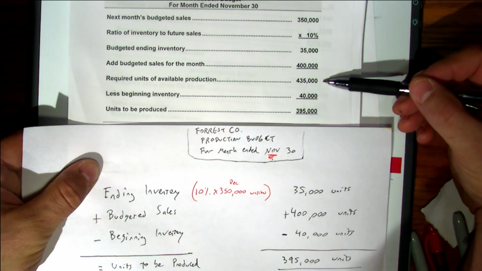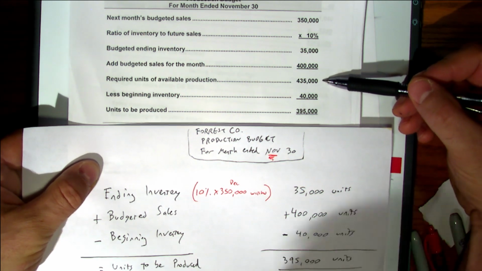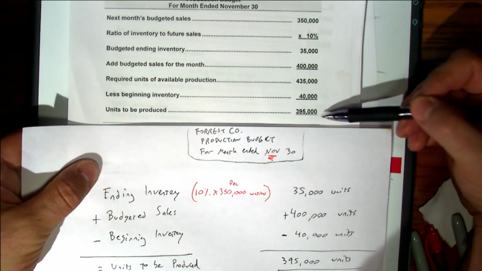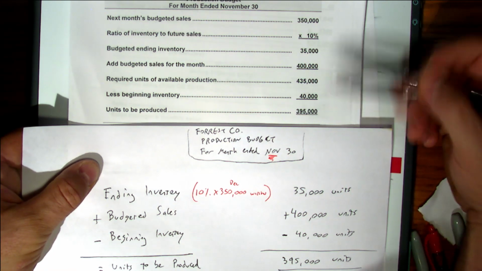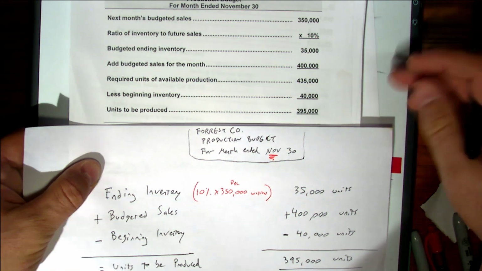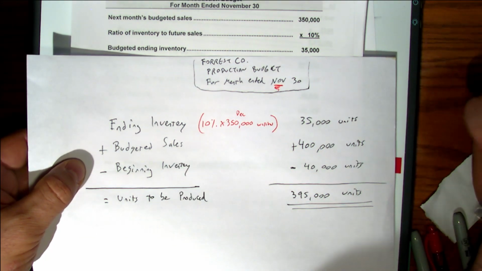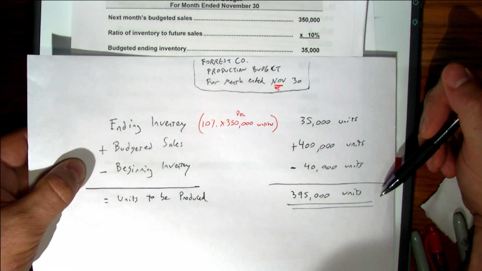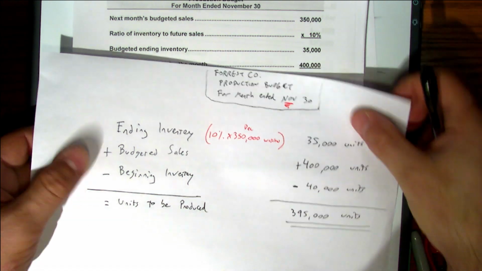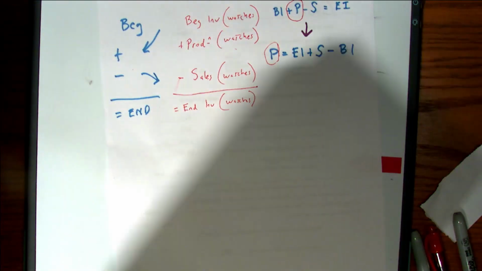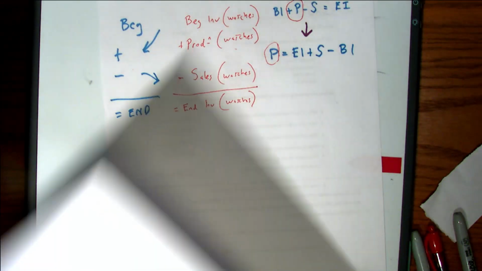They did a subtotal, which I didn't do. That's okay. But then they subtracted the 40 to get the 395. So theirs is basically the same. The question I have is, is this understandable? Could somebody pick this up and understand how we arrived at this number? Yes, they could. Cool? Questions on that?